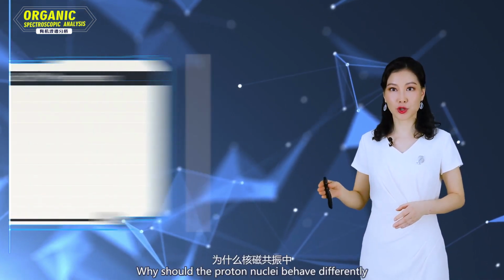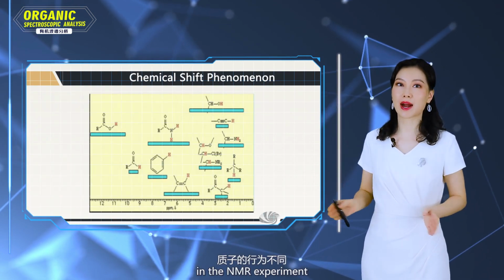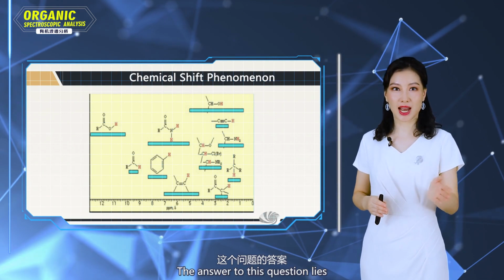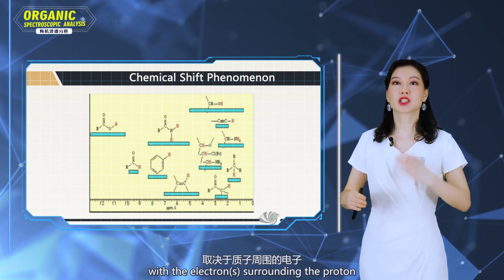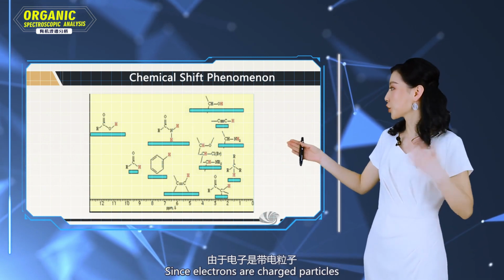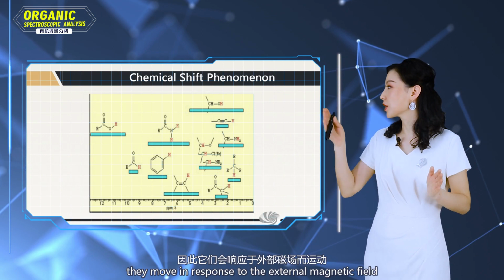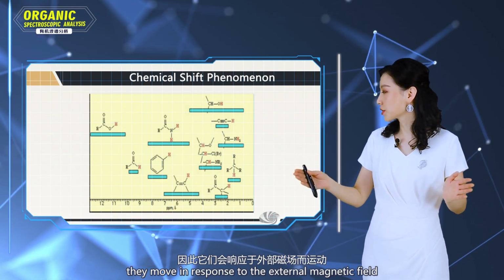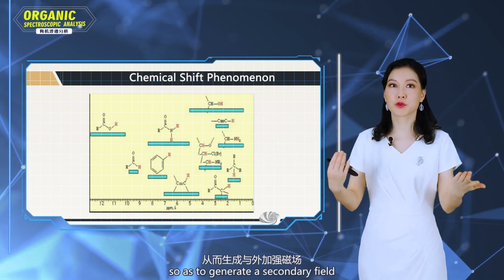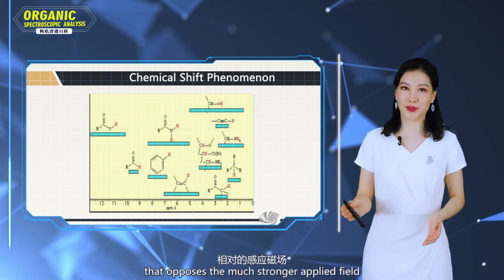Why should the proton nuclei behave differently in NMR experiments? The answer to this question lies within the electrons surrounding the proton. Since electrons are charged particles, they move in response to the external magnetic field so as to generate a secondary field that opposes the much stronger applied field.